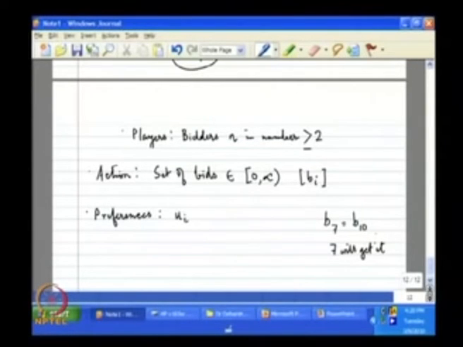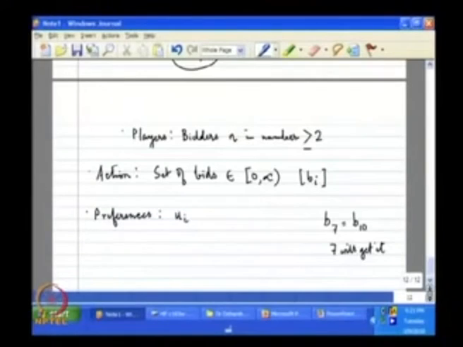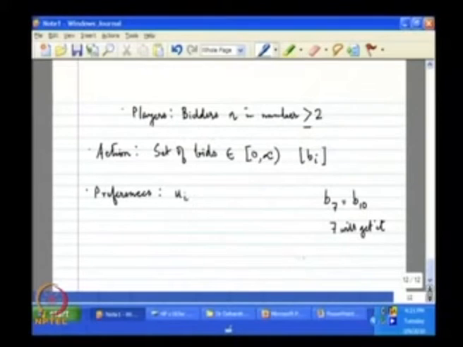Why will 7 get it? Because 7 is less than 10. And what is the rationale for that? Why are we assuming that the player with the lower number is getting the object? The rationale is that we are going to assume that V1 is strictly greater than V2, and so on, down to Vn, and Vn is strictly greater than 0, which means that player 1 values the object most, player 2's valuation for the object is less, and so on.